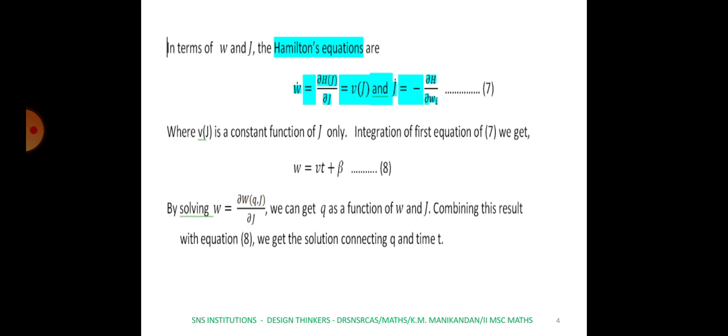Now the angle variable w is obtained by differentiating the characteristic function W partially with respect to the variable J. So we will get the generalized coordinate q as a function of the angle variable and the action variable. Now combining this result with equation 8, we get the solution connecting the generalized coordinate q and time t.